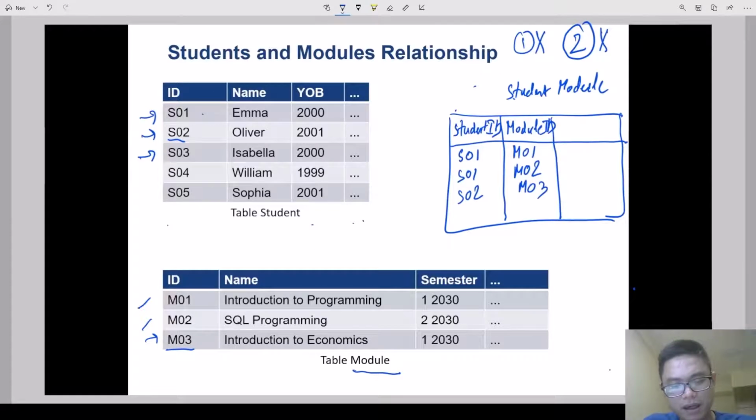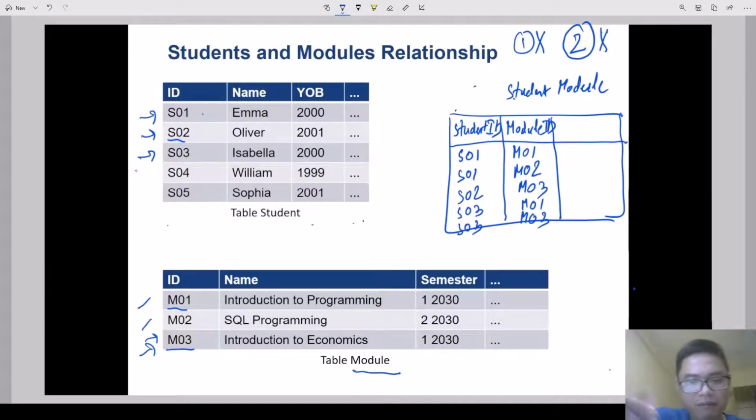Isabel studied M01, so this is Isabel. And maybe, for example, she also studied introduction to economics, so Isabel S03, and here M03. We can store the relationship.